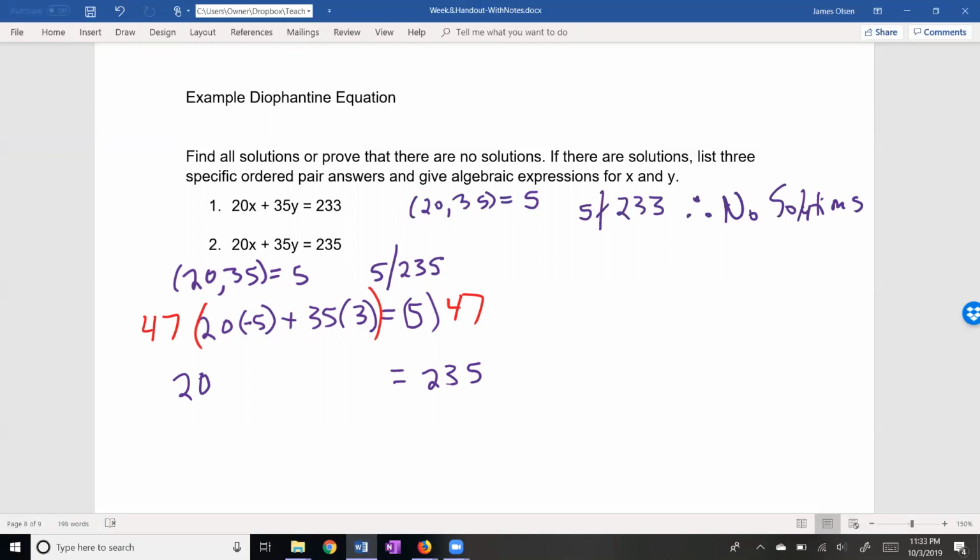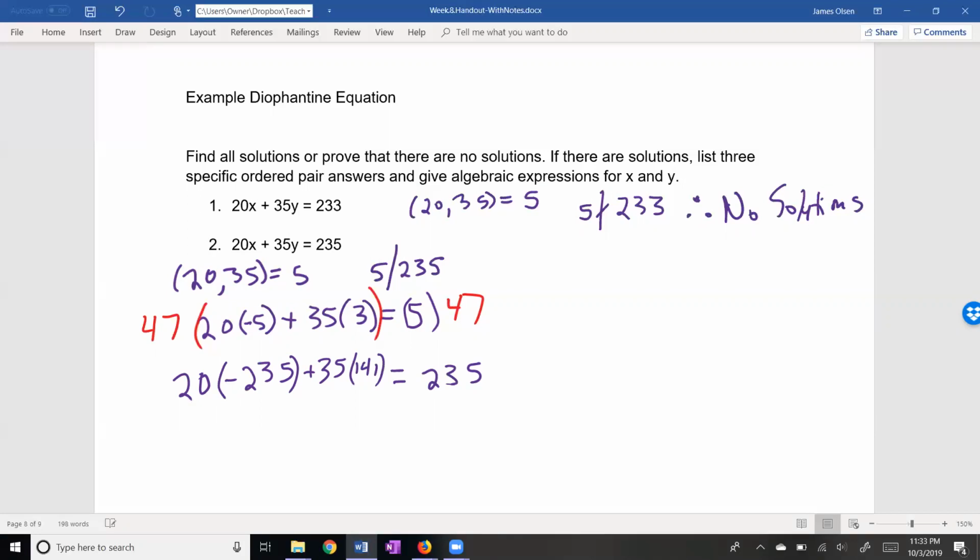I think I can do the break apart strategy. 40 times 5 will be 205. Well, it's negative 235. That's coincidence unless I've made a mistake. And 40 times 3 is 120. 7 times 3 is 21. So I believe we have 120 plus 21 is 141.